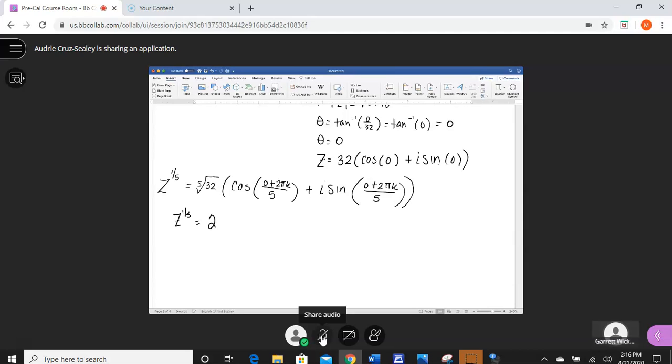Yes, ma'am. Okay. Cosine of 2 pi k over 5 plus i sine of 2 pi k over 5. This is my general solution.